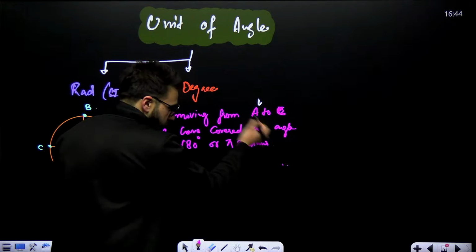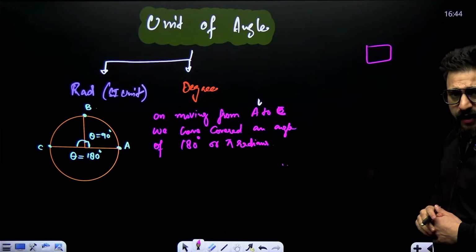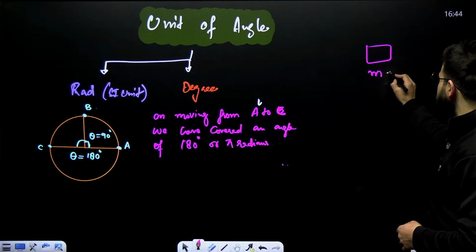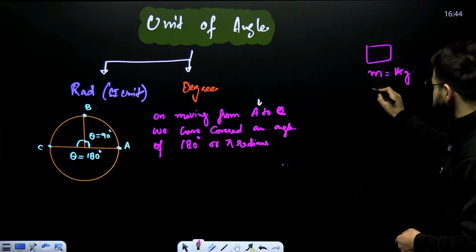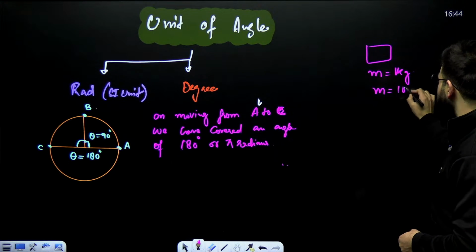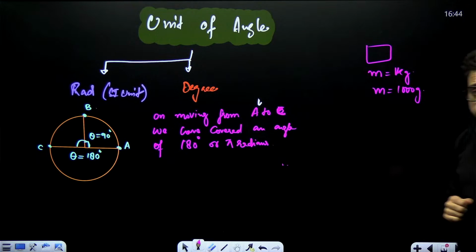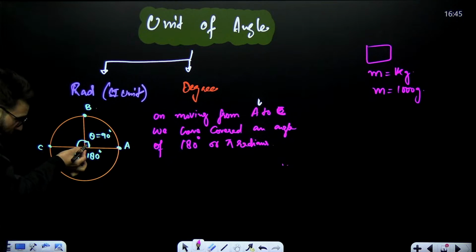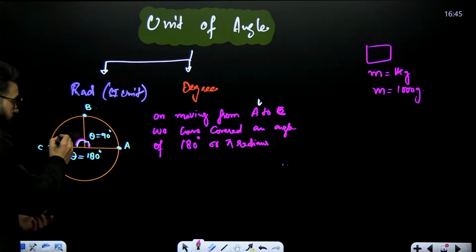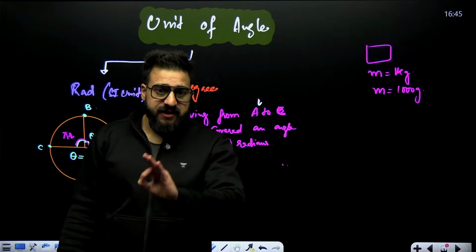Guys, like we say, mass, you have got the block over here. You say mass of this block is 1 kg. You can also say mass of this block is 1000 grams. Grams is also the unit, kg is also the unit. Similarly, if I say on moving from A to C, how much angle you have covered? 180 degrees. You can also say it is pi radians. In terms of radians, it is pi.